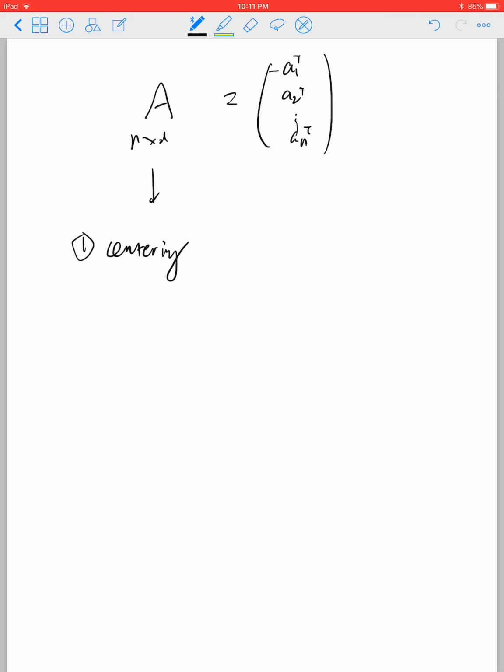So the best k bases U1, U2 to UK that determine the k-dimensional subspace F are the left k right singular vectors of A bar, the centering matrix.